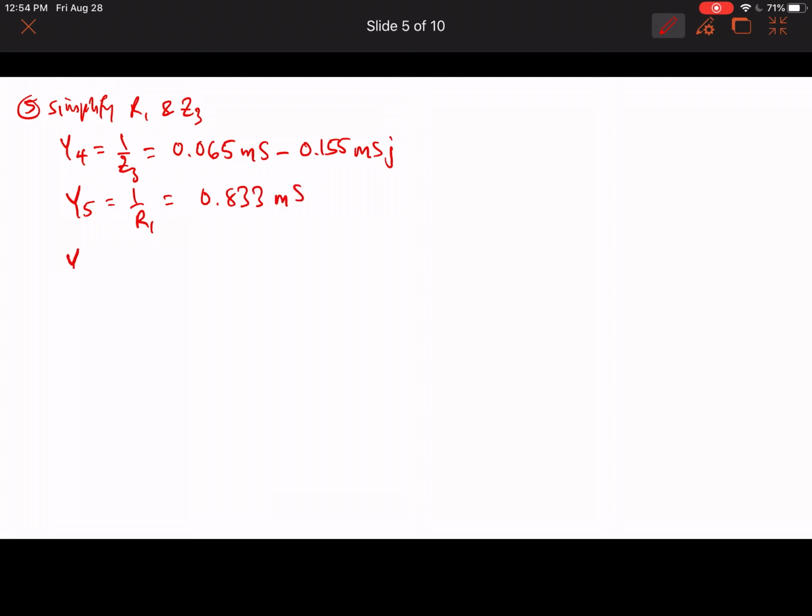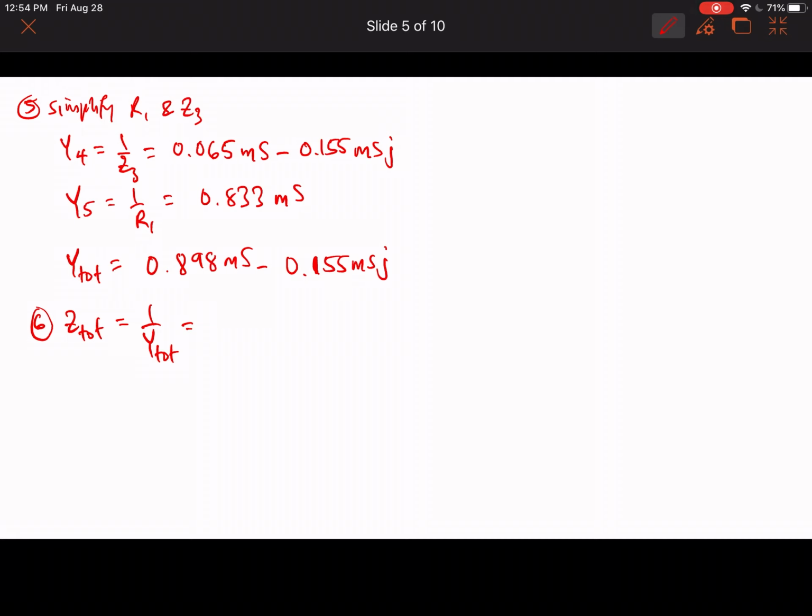And then we get the Y total to be equal to 0.898 millisiemens minus 0.155 millisiemens j hat. And finally, we can get the equivalent impedance by taking the reciprocal of Y total.